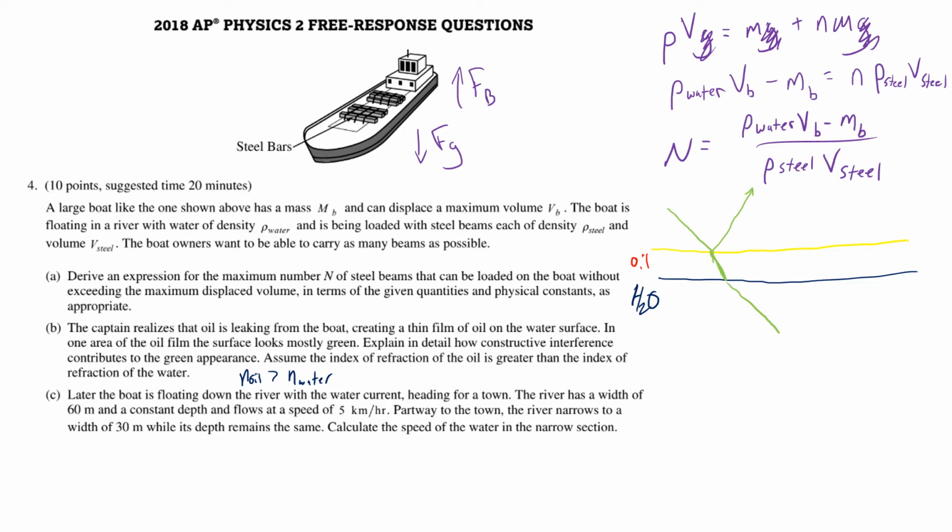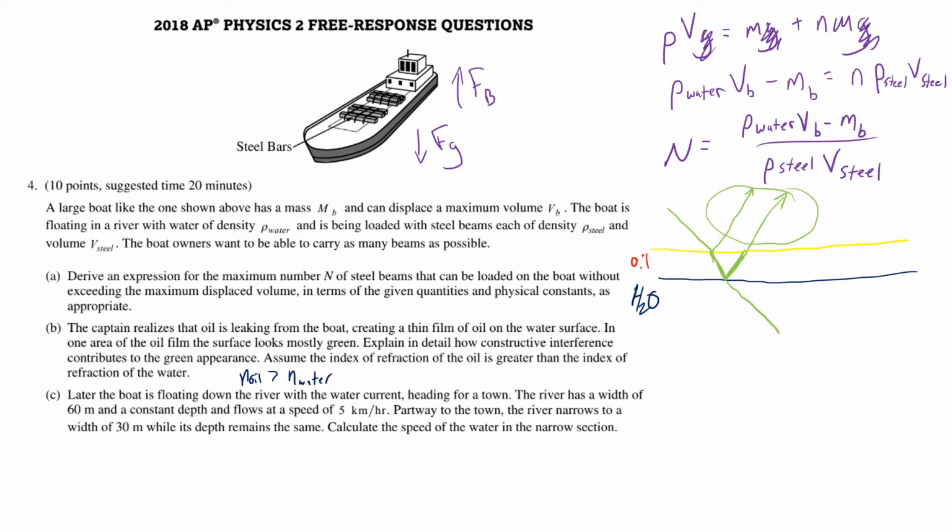But what will happen is it won't all refract into the water, some will reflect off of the oil, so it'll bounce off. So it'll do something like this, and then, at the same instant, it will be going this way. So what is happening is these two waves right here are having constructive interference.